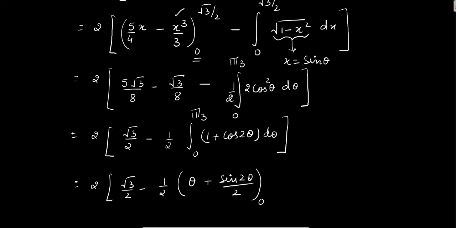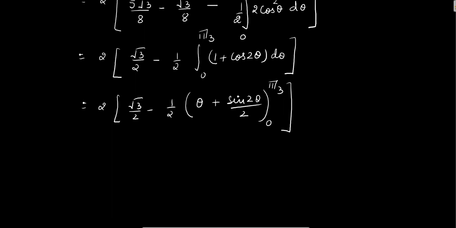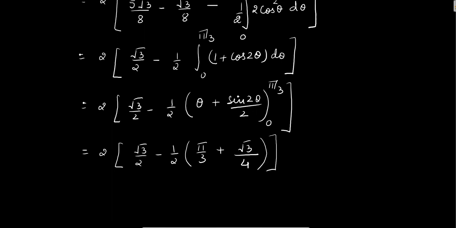The limits are from 0 to pi by 3. Now I'll put the limits. Putting the limits, the first term is still the same, but now it has become pi by 3 plus sine 2 pi by 3, so it is root 3 by 2 upon 2, and minus 0, where everything is going to cancel.